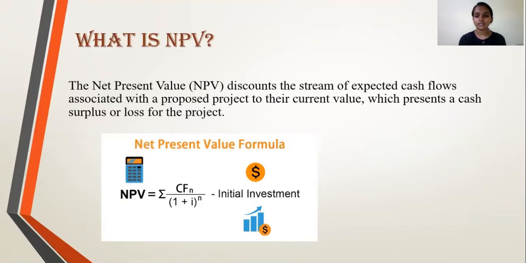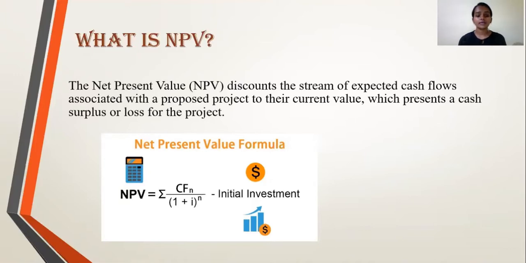So we discount the cash flows of the expected or proposed project, and we bring them to the current value. When we bring it to the current value, we understand if our investment is going to bring us a profit or a loss. The calculation for the net present value is as follows.